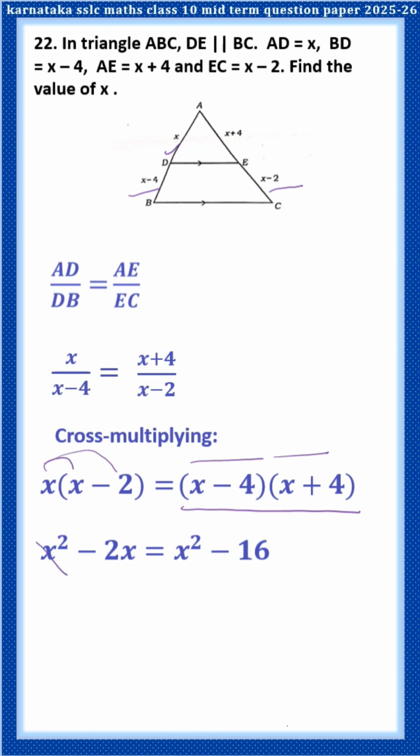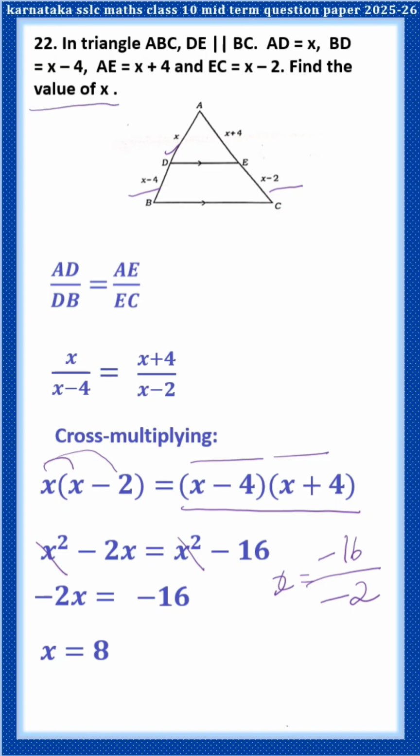Here x square and x square, one in LHS, another in RHS, get cancelled. Minus 2x is equal to minus 16. So x is equal to minus 16 by minus 2, that is equal to 8. We are asked to find the value of x, so x is equal to 8.